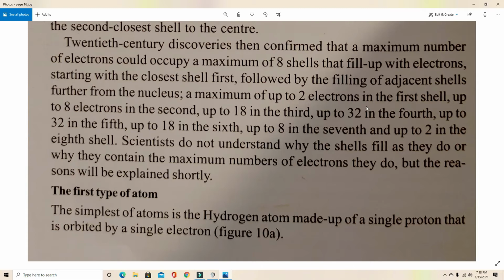A maximum of up to 8 electrons in the first shell, up to 8 electrons in the second, up to 18 in the third, up to 32 in the fourth, up to 32 in the fifth, 18 in the sixth, 8 in the seventh, and 2 in the eighth shell. Scientists do not understand why the shells fill as they do, or why they contain a maximum number of electrons they do, but the reason will be explained shortly.